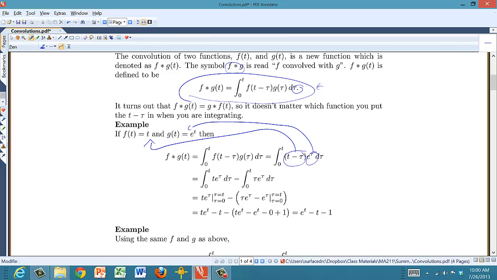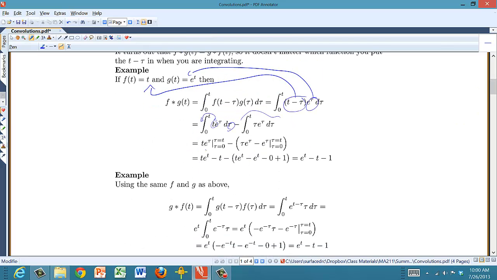I decided to split it into two parts. Remember this is an integration with respect to tau, so the t can just come out of the integration, and here you'll have to do integration by parts. You have an integral of tau times e to the tau. So you do the integration by parts here, and you end up with this thing.